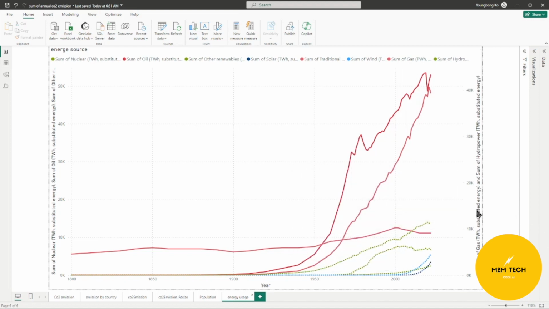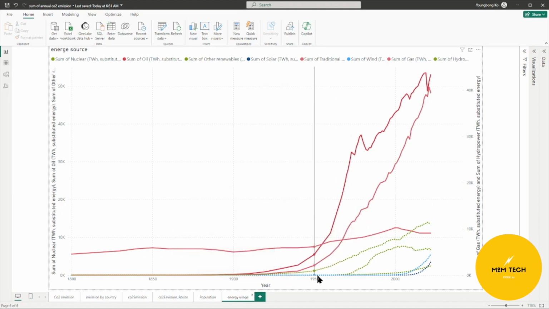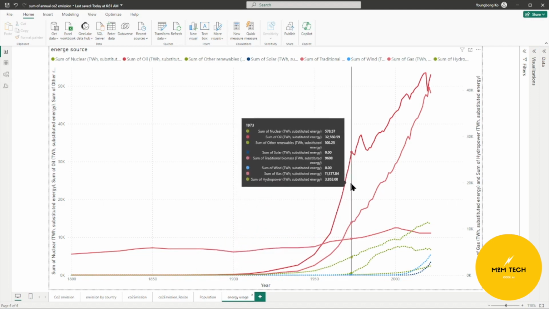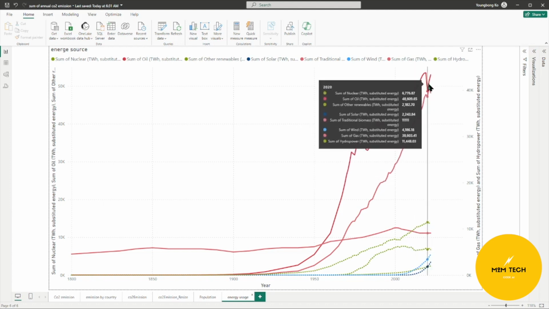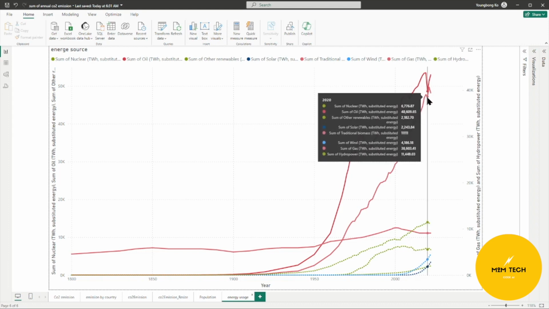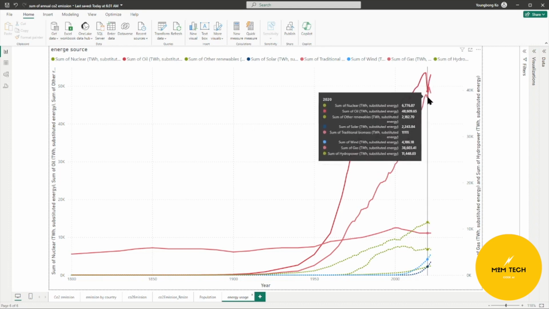The data set shows that from 1950, the use of oil and gas significantly increased, and the oil usage has reduced its speed, but gas has increased even more. I guess it is because shale gas has been developed and used in the United States.